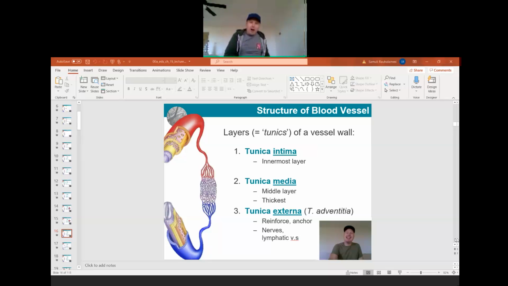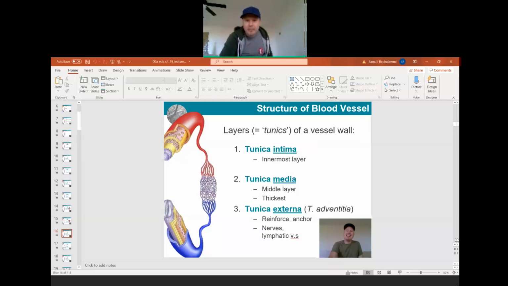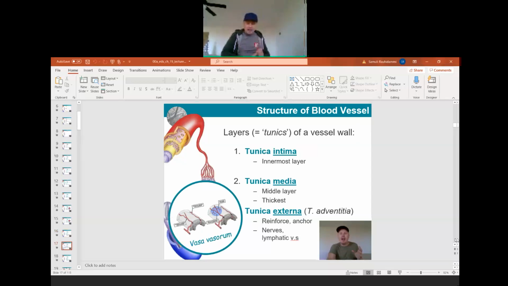And if it is a really large blood vessel, sometimes we see this structure called vasa vasorum, which is really these blood vessels that come from the blood vessel and supply the blood vessel wall itself, so it nourishes that. If you think of the coronary arteries that we talked about earlier in a previous chapter, we saw that just like any other tissue, the heart's muscle wall required blood supply.